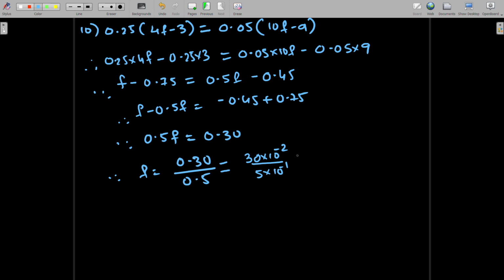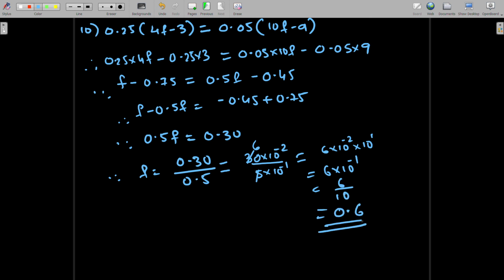So you can further simplify this as 5 ones are 5, 5 sixes are 30, and then when you take 10 onto the numerator side, this becomes 6 into 10 raised to minus 2 into 10 raised to 1, right? So this is equal to 6 into 10 raised to minus 1. So this is equal to 6 by 10. So this is equal to 0.6. Got it? So this is how we need to solve the example.